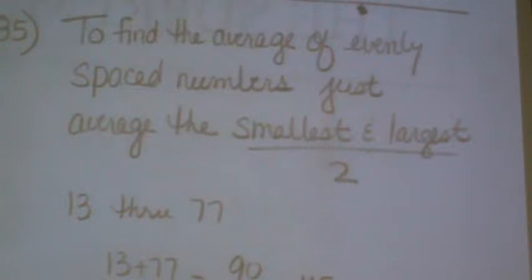If they're evenly spaced and you want to know the average, so if you see that the pattern is going by 2s or going by 3s, all you have to do is average the first and the last number, the smallest and the largest number, and divide by 2. And that's going to give you the average of all of them. So if they're evenly spaced, do you have to sit there and add them all up? No, you take the first and the last, add them together, divide by 2. That's going to save you some time.